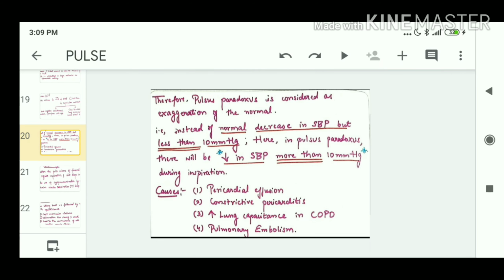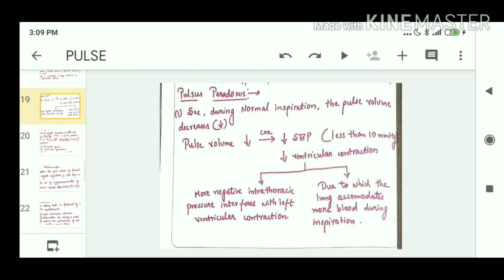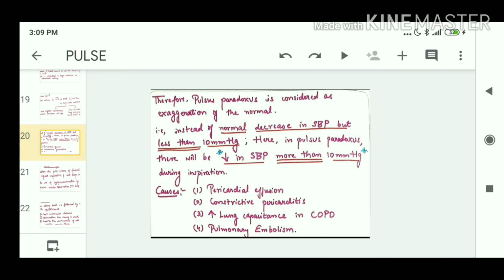Pulsus paradoxus is considered as an exaggeration of the normal. In pulsus paradoxus, what happens? Instead of the normal decrease in systemic blood pressure of less than 10 mmHg, here in pulsus paradoxus there will be a decrease in systemic blood pressure of more than 10 mmHg during inspiration.